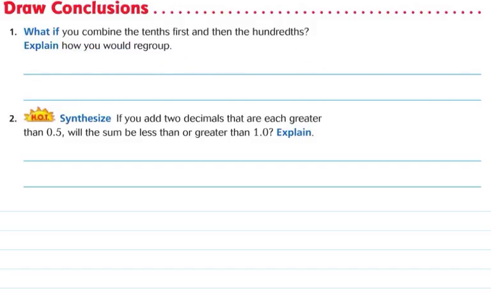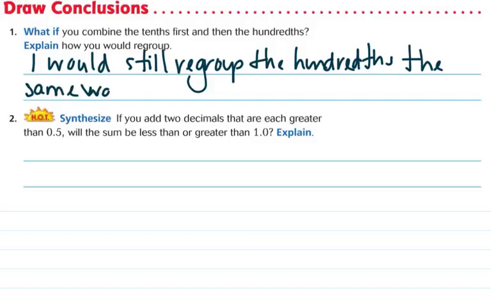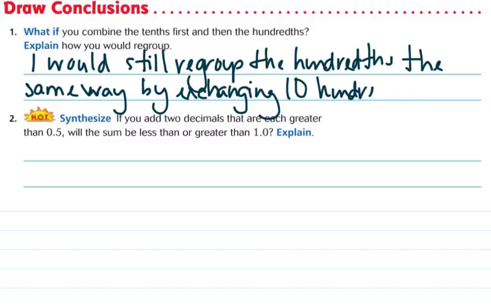So one possible explanation for this, boys and girls, is I would still regroup the hundredths the same way, by exchanging ten hundredths for 1 tenth.